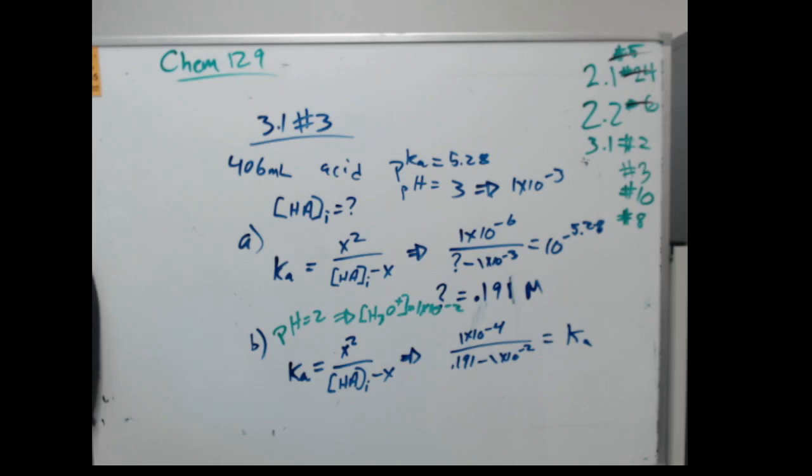If you look at your equations sheet, you'll notice it's NH3, CH3NH2, which is that nitrogen on the end again. CH3CH2NH2, nitrogen on the end again.